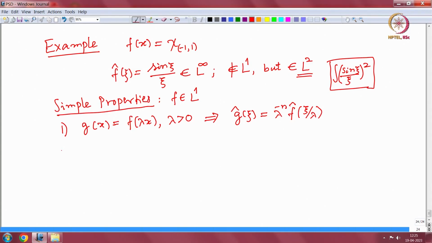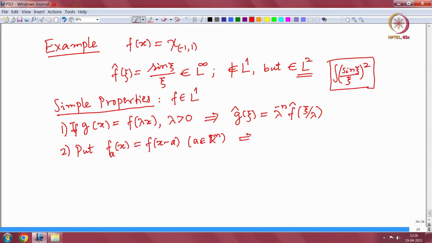Next one is the translation. Put f a of x equal to f of x minus a, where a is a fixed element in Rn. This is just translation.